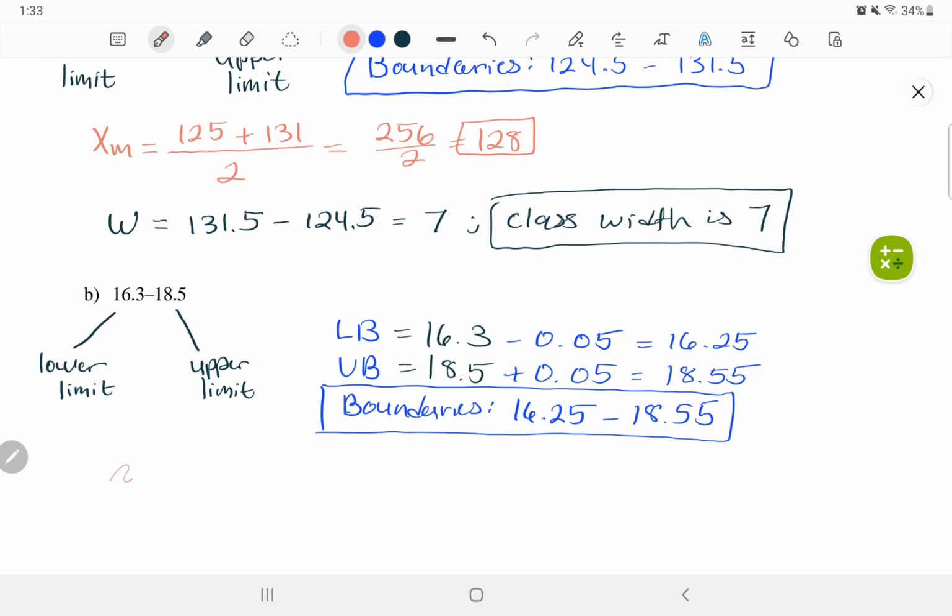My midpoint is next, and I'm once again going to use the limits. It is the lower limit, 16.3, plus the upper limit, 18.5, and then we divide that by 2. Add the tops first. 16.3 plus 18.5 is 34.8. 34.8 divided by 2 is 17.4, and that is the midpoint.